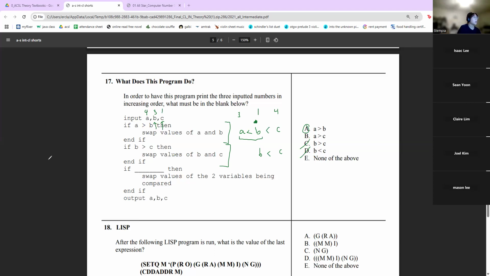The conditions are the orders of A, B, and C. I'm just going to use 1, 2, 3 as examples: if they're already in order, 1, 2, 3; 1, 3, 2; 2, 1, 3; 2, 3, 1; 3, 1, 2; and 3, 2, 1.